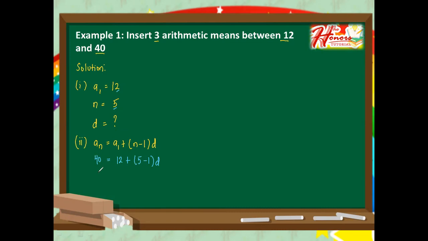Let's continue. So we have here 40 equals 12 plus, let's subtract first 5 minus 1, so that's 4 times d. And then after that, we have here now 40 equals 12 plus 4 times d, that's 4d.